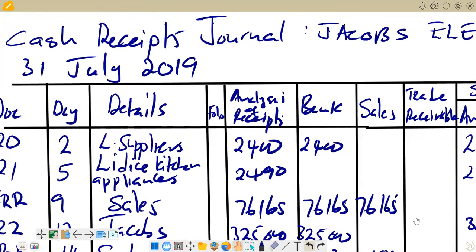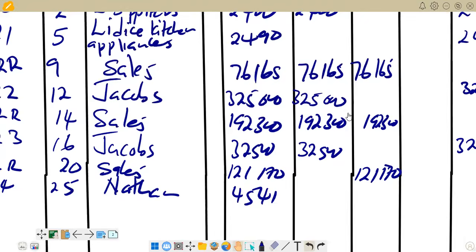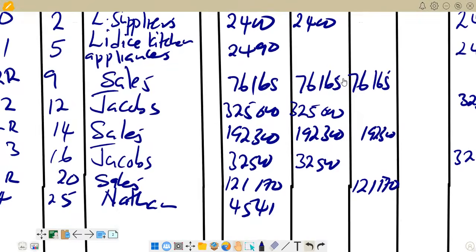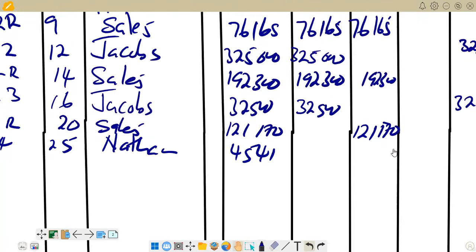You see that this is our column for trade receivables. So this 4,541 is going to come here. 4,541. So this is what we have. Then we can go and check what we have next.